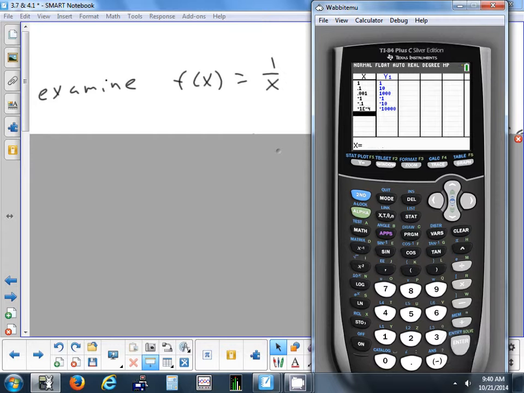What's happening to the y value this time? As you approach 0 from the negative side, the y value is? Increasing rapidly. Well, can you be a little more specific? Because this one was also increasing rapidly, but they're very different. Give me a number that it's approaching.